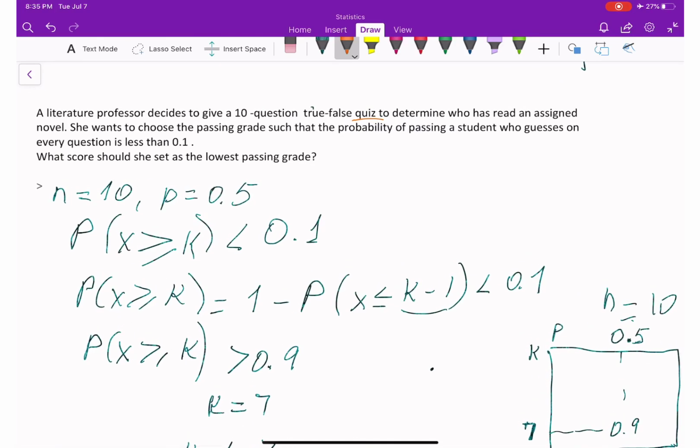She wants to choose the passing grade such that the probability of passing a student who guesses on every question is less than 0.1. So this is a trap for students practically. All right, what score should she set as the lowest passing grade?